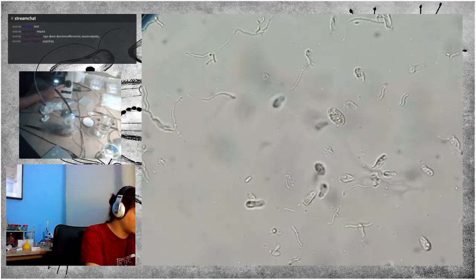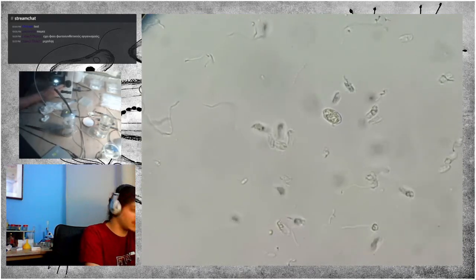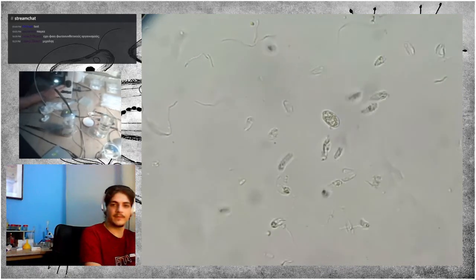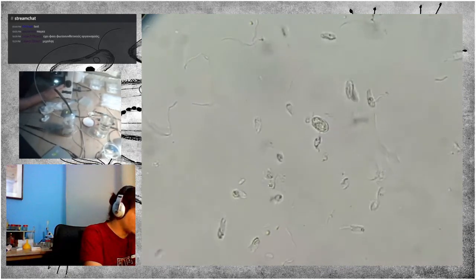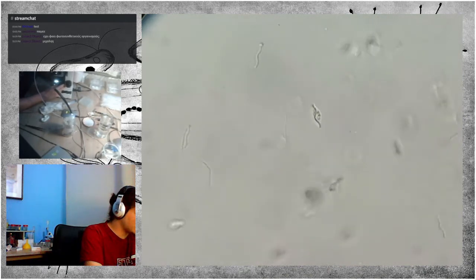And here is a ciliate, small one again. Let me open again the condenser. Oh, what is that? This is the spirochete that has latched onto the flagellate.